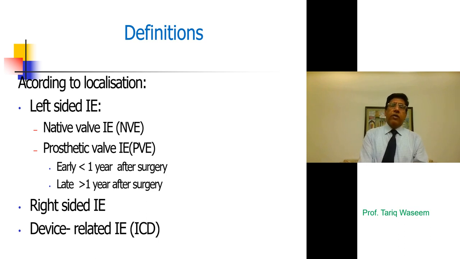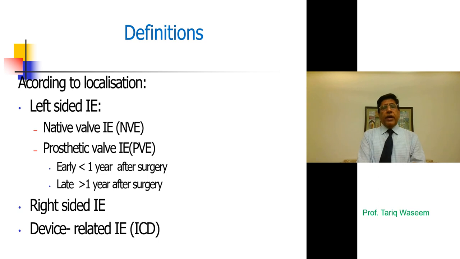Again, the prosthetic valve endocarditis, when it happens within 1 year of replacement of the valve or the surgery, is called early prosthetic valve infective endocarditis. But when it happens more than 1 year after the surgery has been done, it is usually called late prosthetic valve endocarditis.